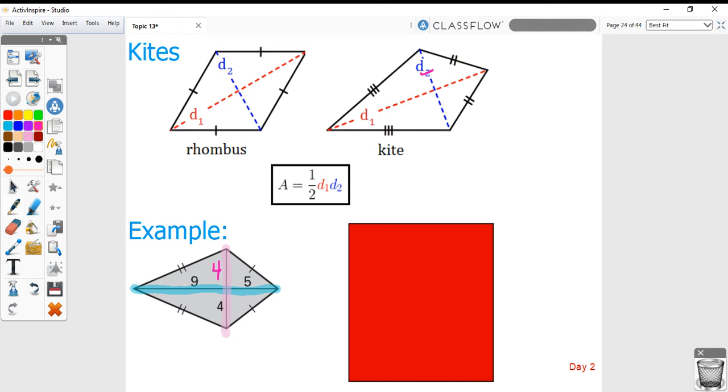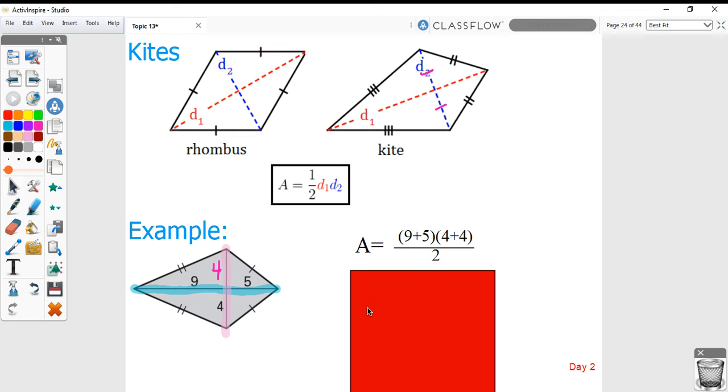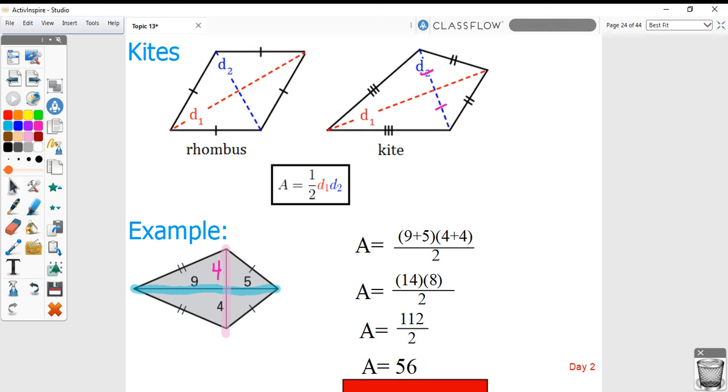On a kite, this smaller diagonal is cut in half by the larger one. So all things put together, we add up those pieces and we've got 14 times 8 as our D1 times D2. We multiply them together, cut it in half. We've got a total area of 56 on our last example problem there.